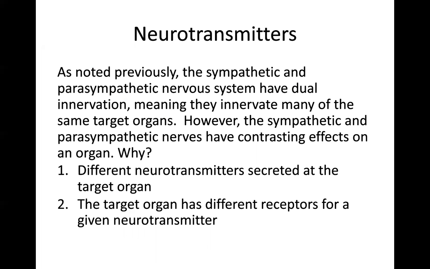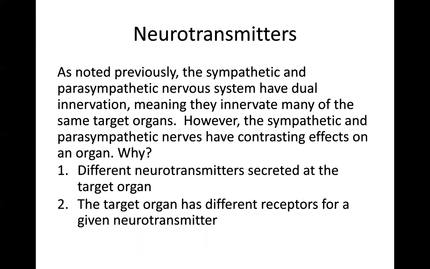Two things. Number one, the different neurotransmitters secreted at the target organ: norepinephrine for the sympathetic nervous system, acetylcholine for the parasympathetic. Number two, the target organ has different receptors for those neurotransmitters. The target organ has to be able to receive and accept those neurotransmitters, so it's got to have receptors specific for it.